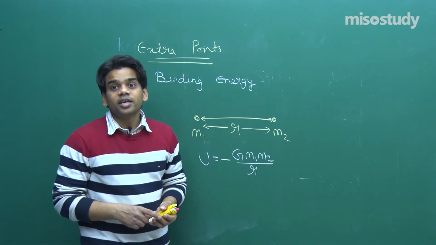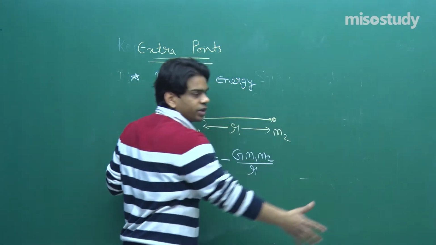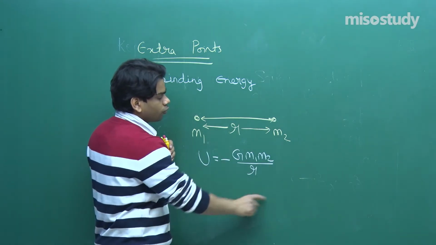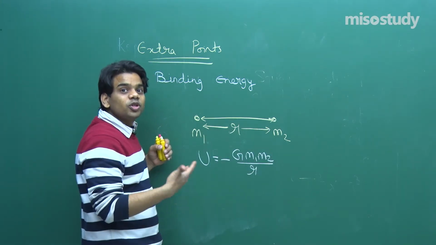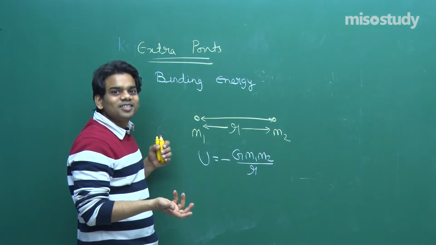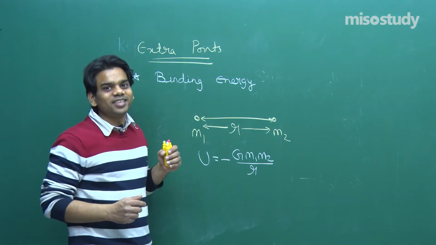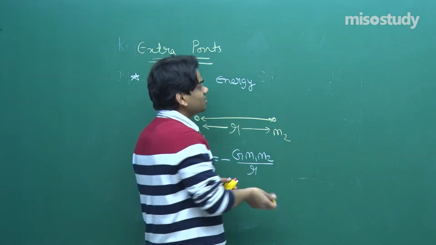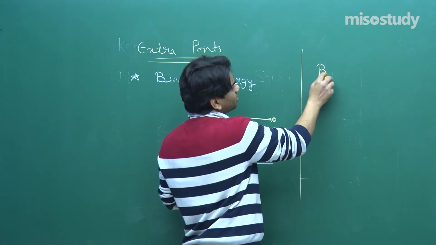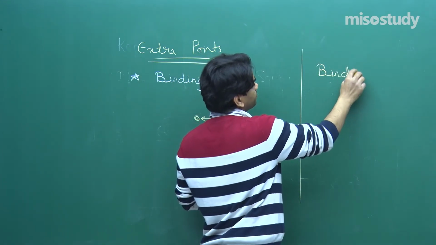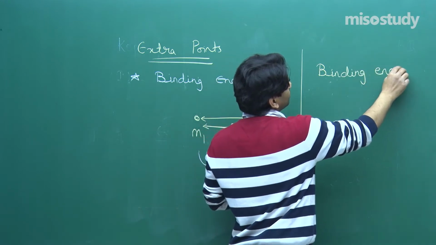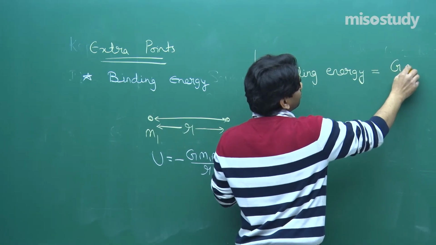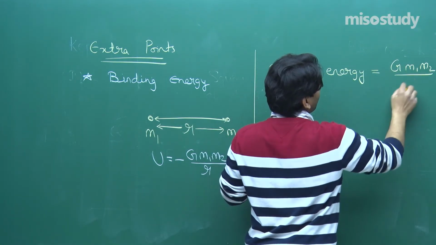That means if you want to separate this block and take it to infinity, you have to do this much amount of work so that you can restore the potential energy of the system to 0, the value that it had initially when both were separated at infinity. That means this is the binding energy of the system. Hence, I can write the binding energy for this system as G m1 m2 by r.